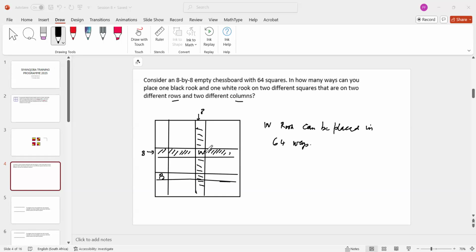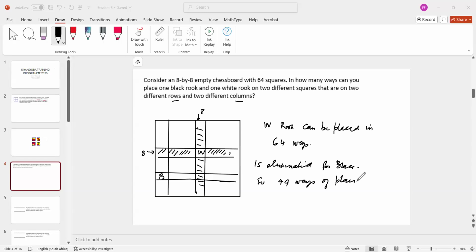But you count this only once. So you've got 8 plus 7. So there are 15 which are eliminated for the black. So you've got 64 minus 15, so 49 choices, 49 ways of placing the black.